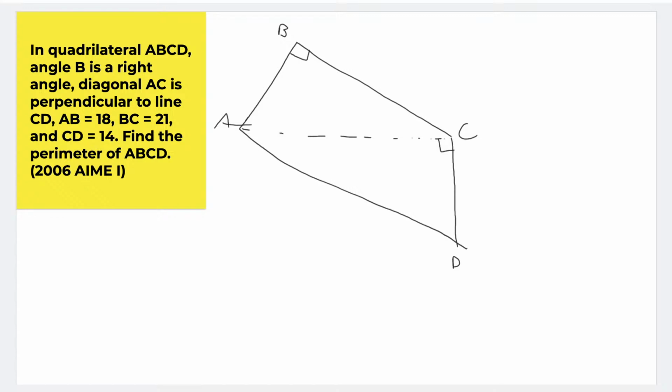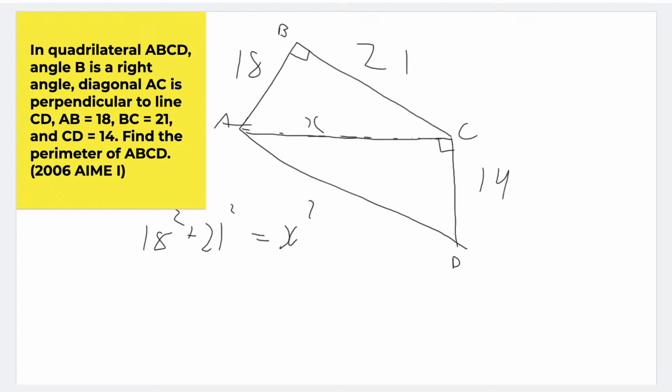So now let's see the side lengths it gave us. We know that AB is 18 and BC is 21 and CD is 14. Now using these side lengths, we're going to find the perimeter. So we want to find this length first, AC, which is simple Pythagorean theorem. 18 squared plus 21 squared. Pretend this is x, which is equivalent to x squared.